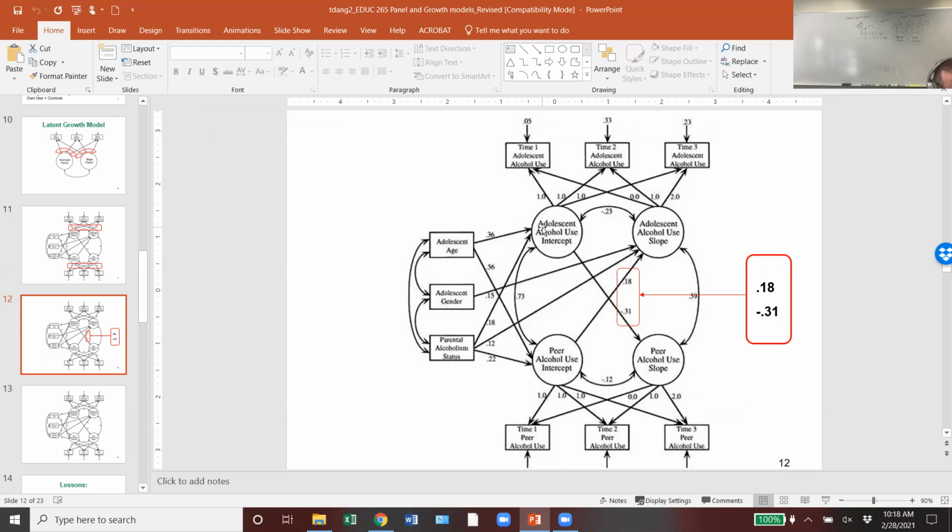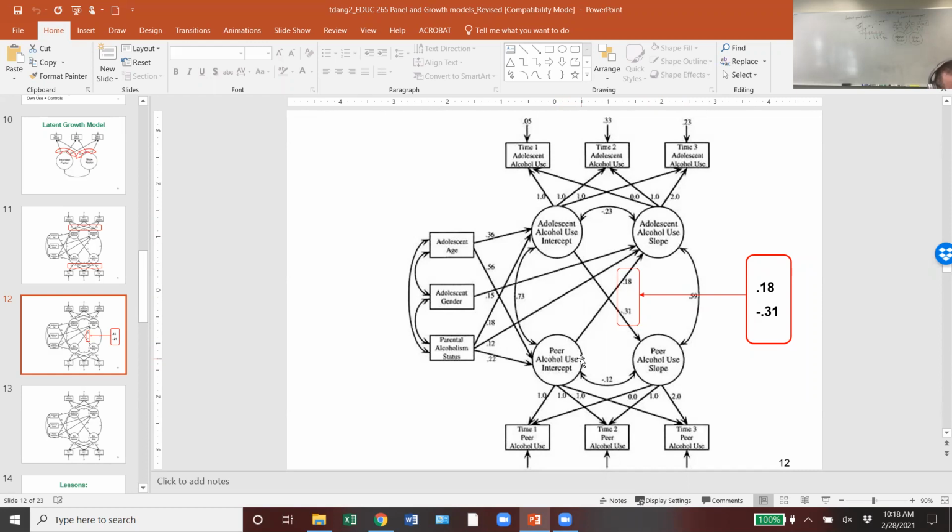And the key paths here were, to what extent does subsequent peer growth in alcohol depend on initial adolescent alcohol use? And then by the same token, to what extent does the adolescent's own growth in alcohol depend on where peers began? Right.